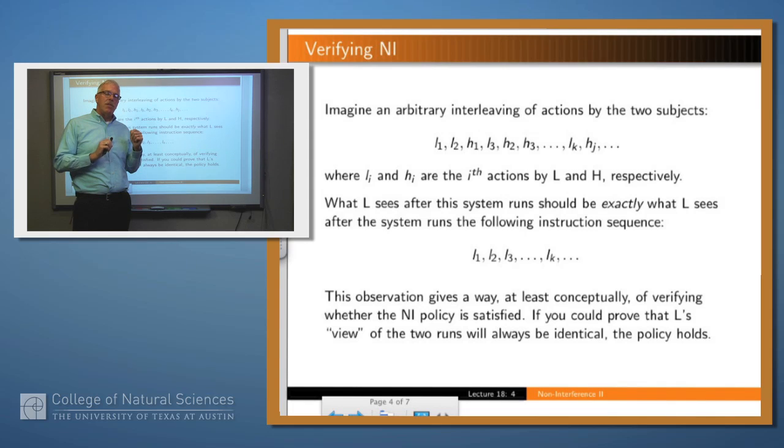And if we could prove that that was true for arbitrary sequences of instructions and arbitrary interleavings, then we could infer that there was nothing H could do that would be visible to L. Because if there was something H could do which was visible to L, then there would have to be a sequence of instructions which would manifest that effect.